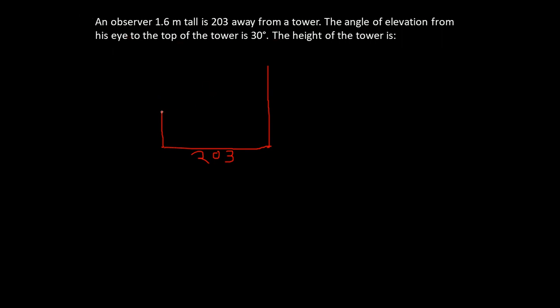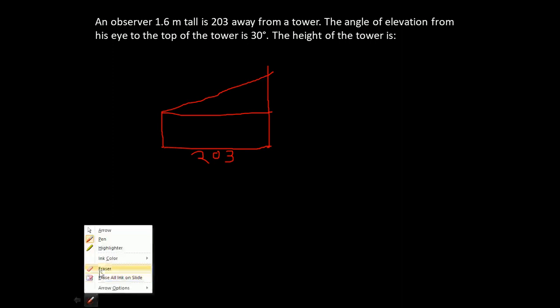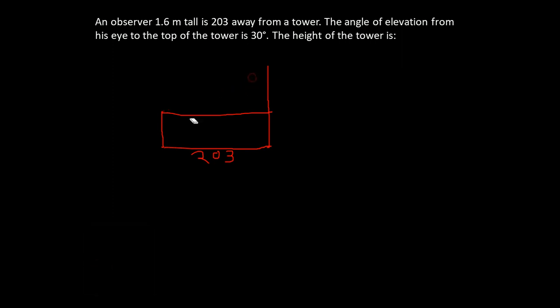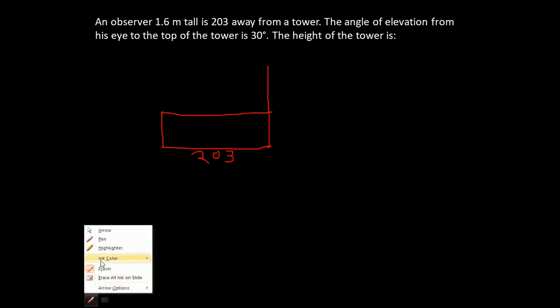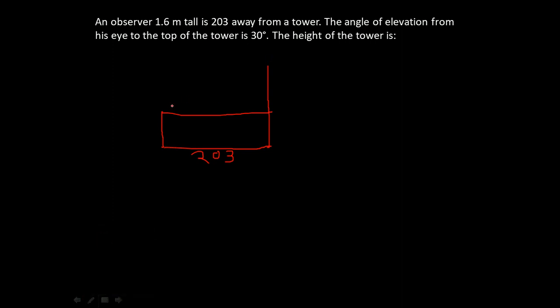The angle of elevation is between the horizontal line and the line of sight. So first draw the horizontal line from the observer's eyes, and the line of sight is this one to the top, where he is viewing. Given that this is 30 degrees.